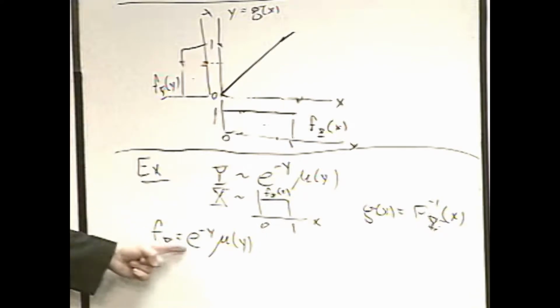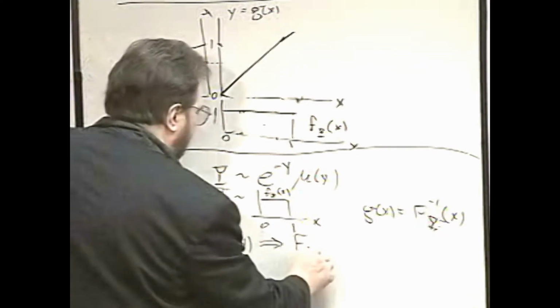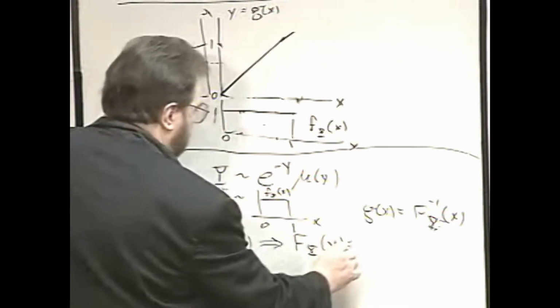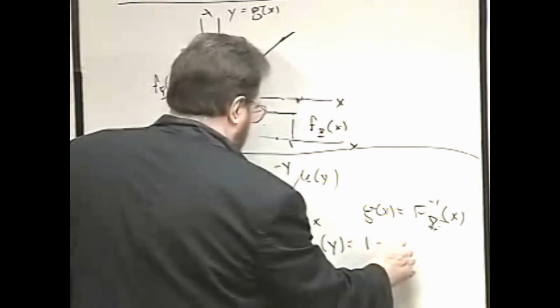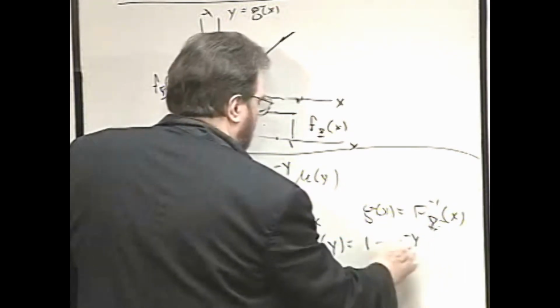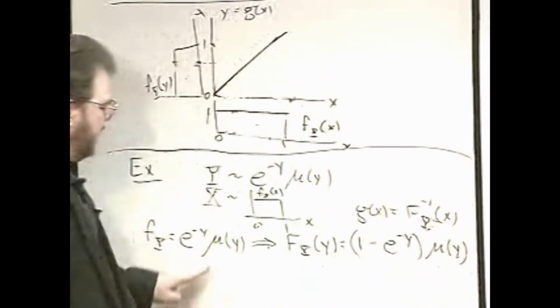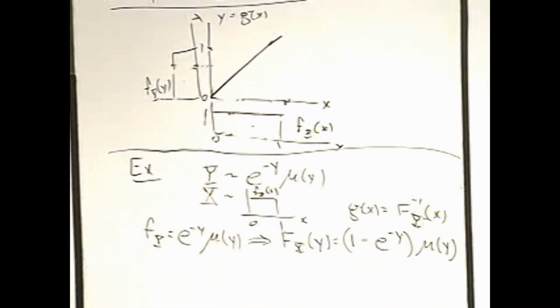If f sub y is equal to e to the minus y, then this means that the cumulative distribution function as a function of y is equal to 1 minus e to the minus y times mu of y. In other words, the integral of this gives this. Okay?